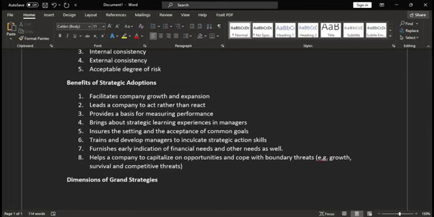They are in most cases associated with grand or systematic strategy. We have the internal or external dimension.